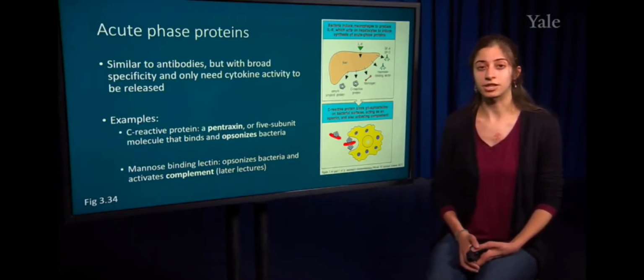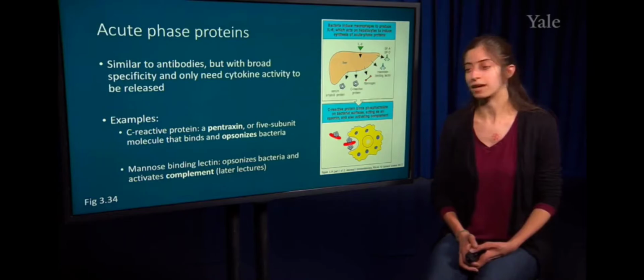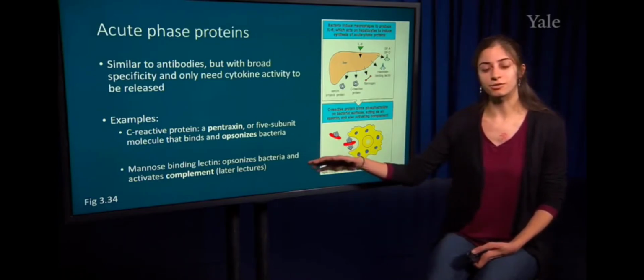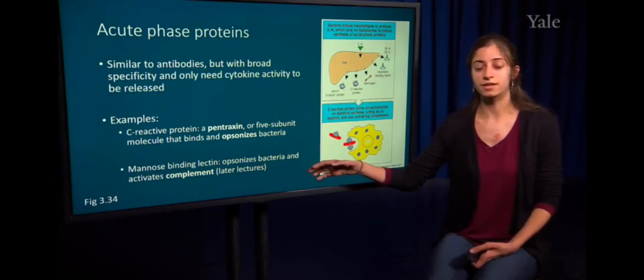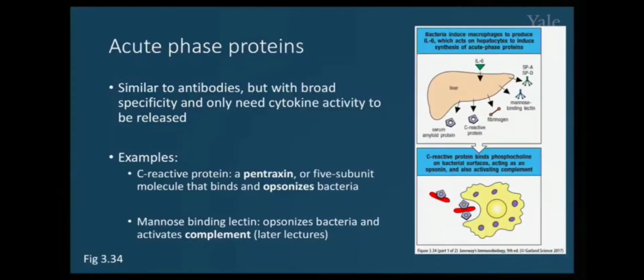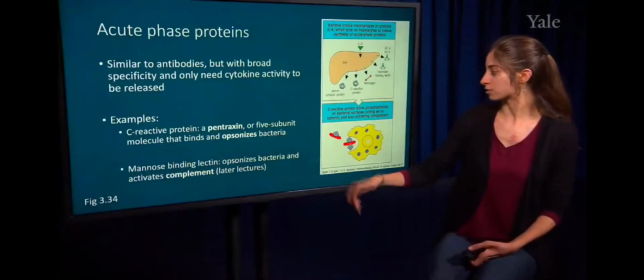This is something that you'll hear a little bit more about in a different lecture. Essentially, the role of the acute phase response is to initiate the destruction of bacteria by coating it with molecules that will tell macrophages, hey, this is the bad guy, you need to come and eat this now and destroy it.